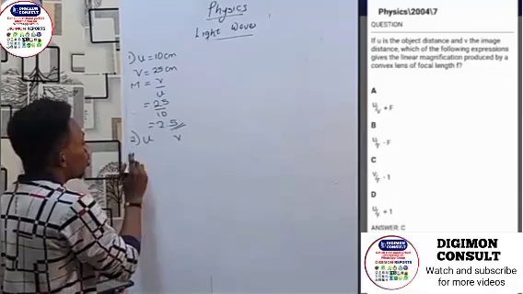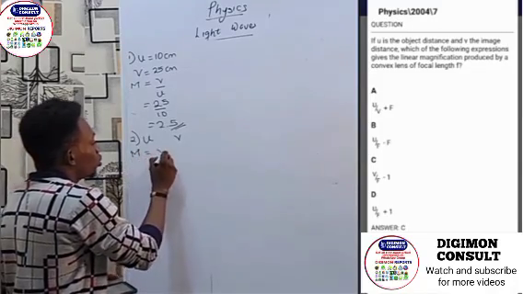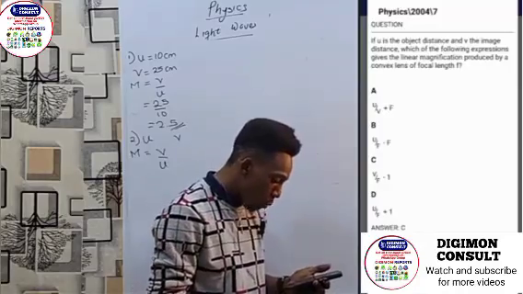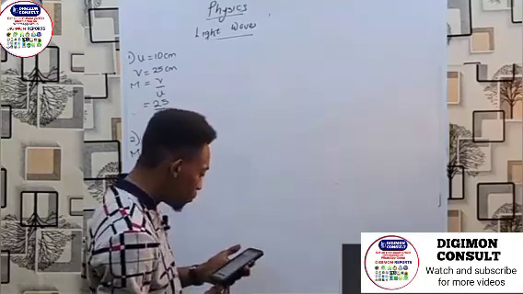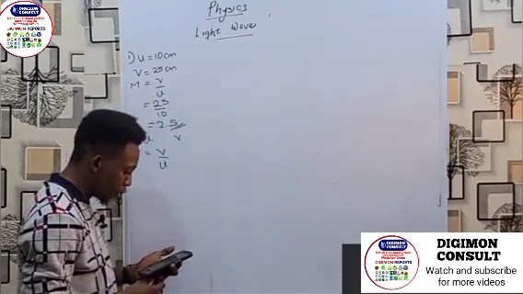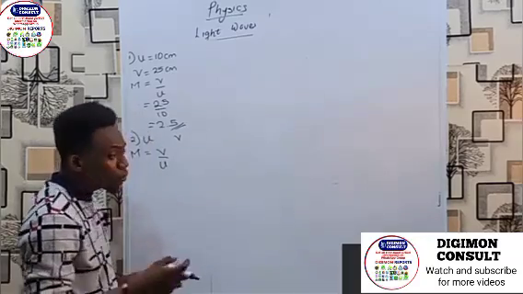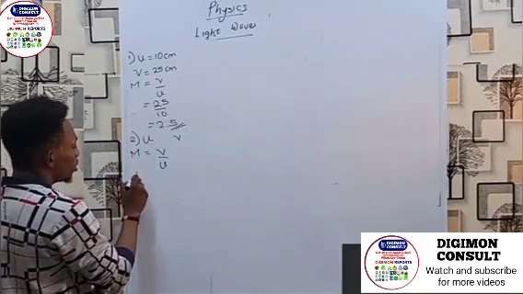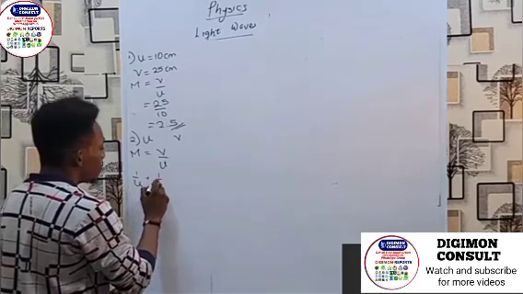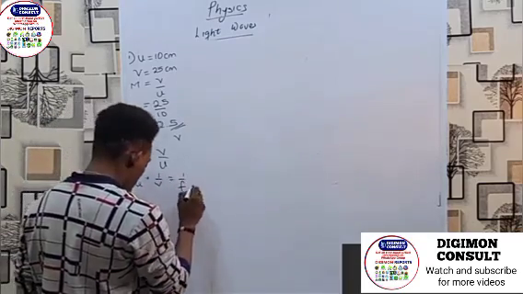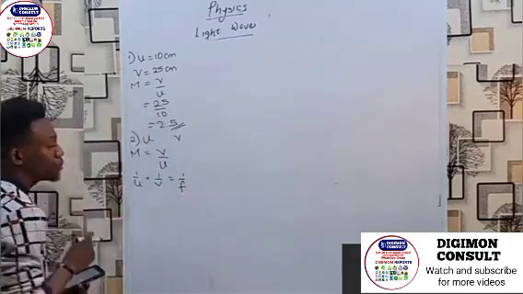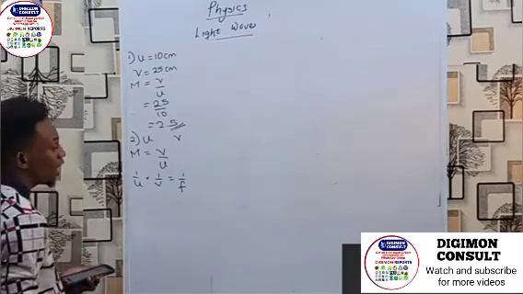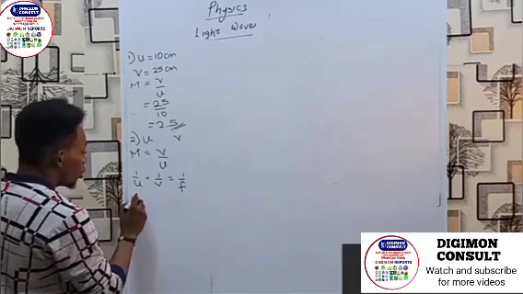Now, if you recall, magnification equals V over U. If you look at your options, they want you to find the magnification, but you have to check in terms of what? So you can just come here and say 1 over U plus 1 over V equals 1 over F. Let's try to express V in terms of F and see what happens.